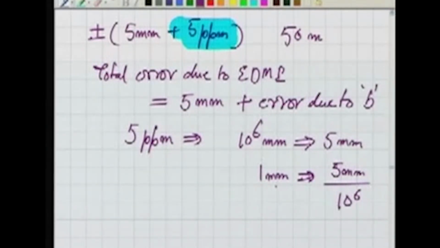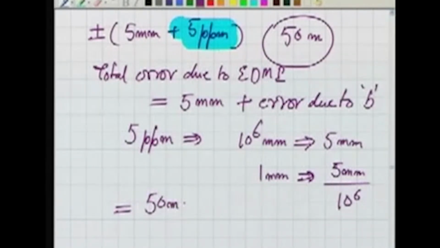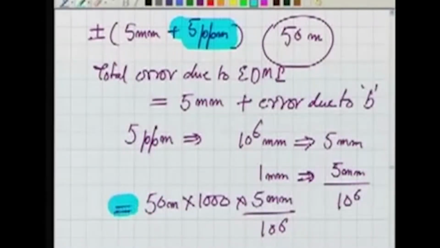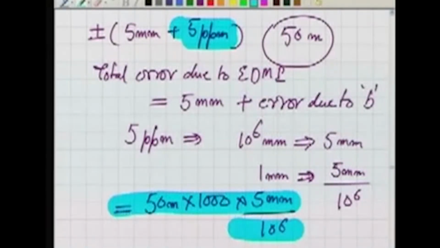If it is so, what will be the error in 50 meter? The error in 50 meter will be 50 meter, converting into millimeter, multiplying by 1000, multiplied by 5 mm divided by 10 to the power 6. This value on computation comes out to be 0.25 millimeter.